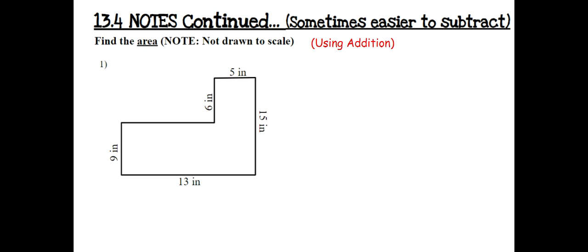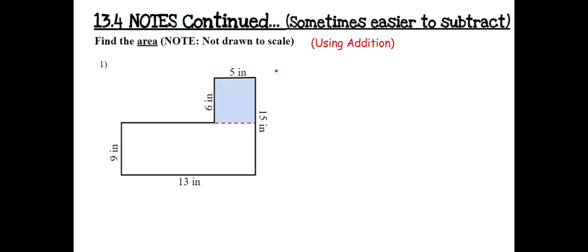As a review, let's first do this using addition, which means I'm going to divide my figure right here on this dotted line. And I'm going to first find the area of that top rectangle. Notice how I said rectangle and not square, even though it kind of looks like a square, because it's not exactly perfectly even. It's 6 by 5.